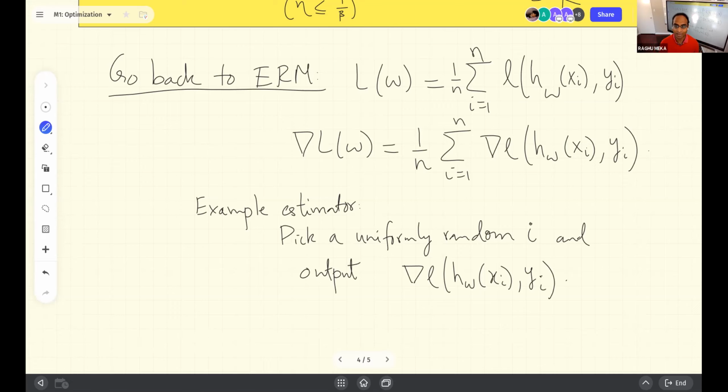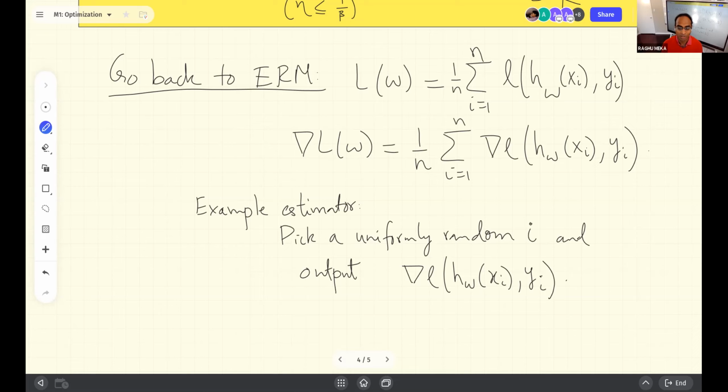This is an unbiased estimator for the gradient of the function at W. Instead of looking at all the data points and their average, I just pick one at random and output the gradient of the cost function at that point. This is really stochastic gradient descent, and this is the real algorithm that gets used in most ML training applications these days, and variants of it.